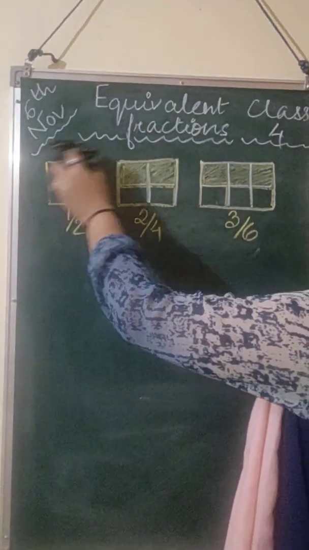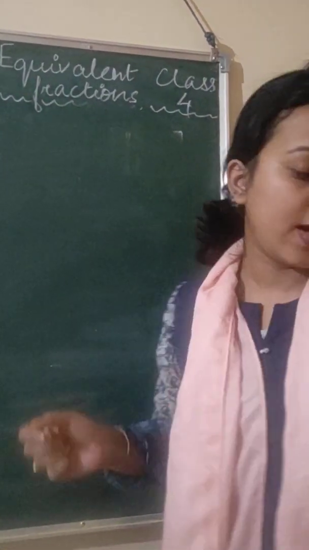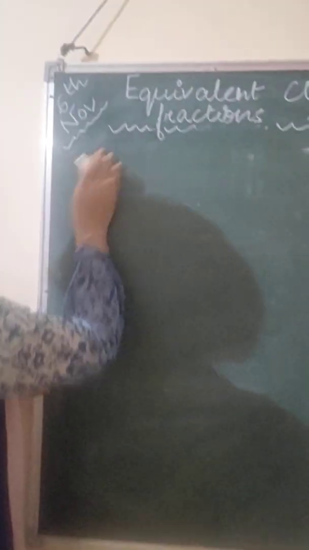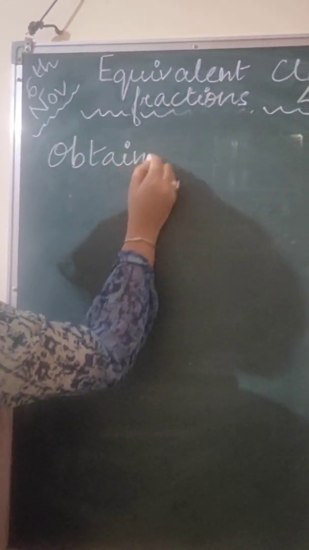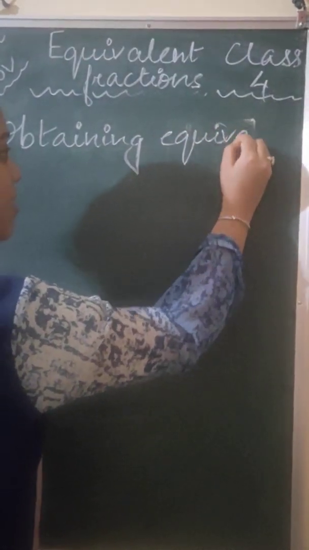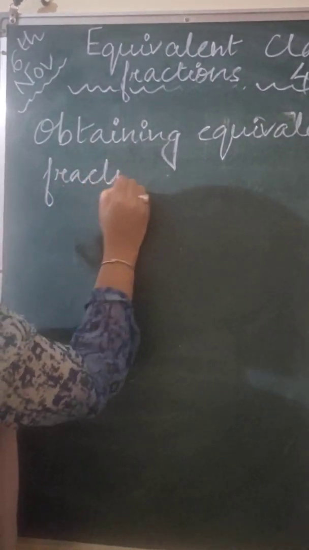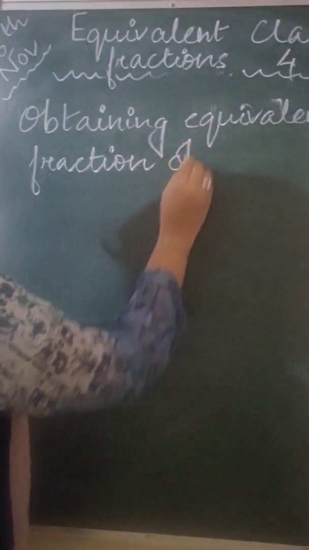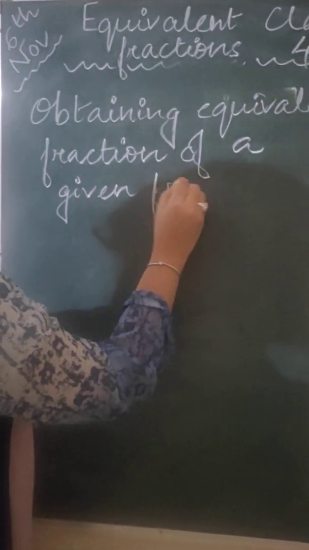Now, if you have to derive an equivalent fraction of a particular fraction, for example, what we are doing now is obtaining an equivalent fraction of a given fraction.